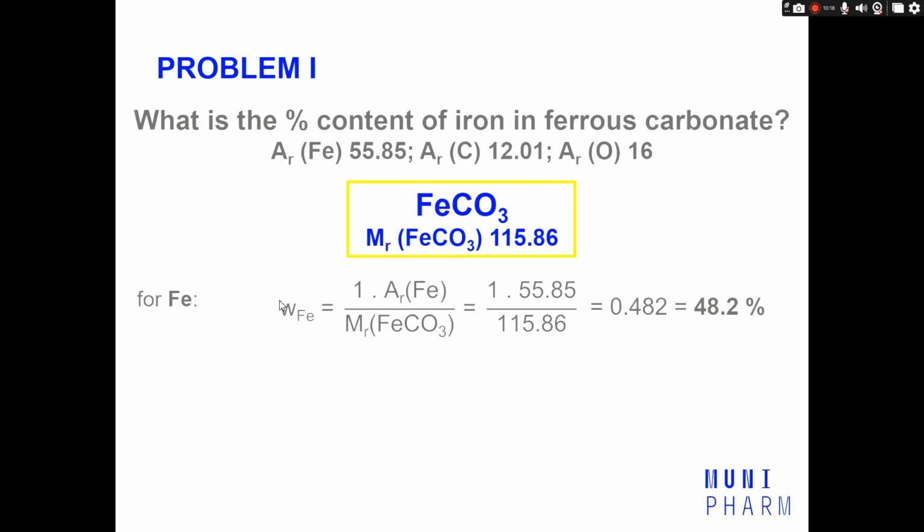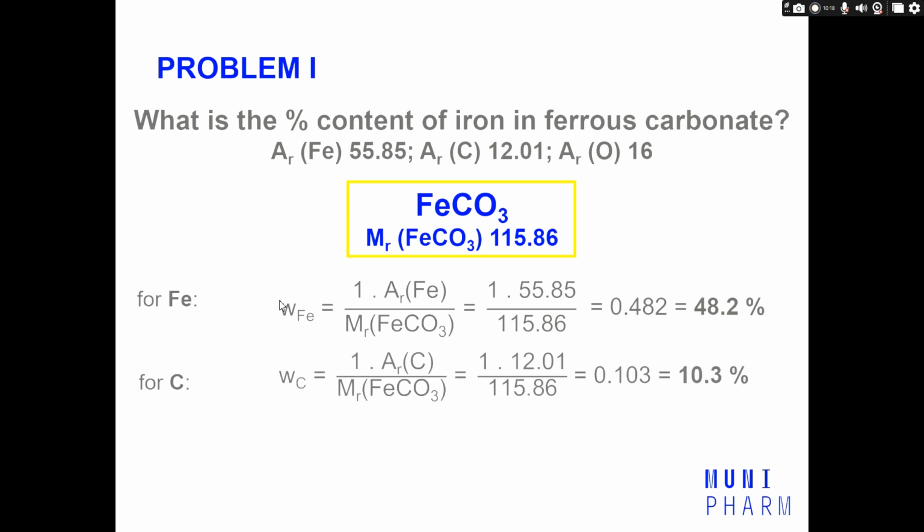Although the task was only the calculation for iron, let's calculate the other elements too. Carbon is calculated in the same way, as the carbon coefficient in ferrous carbonate is also 1. Numerically, we will get the mass fraction 0.103, which is converted to a percentage 10.3%.